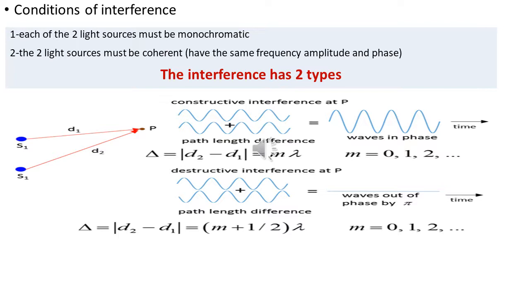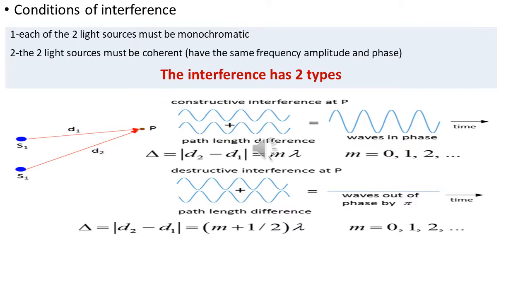Constructive interference: when the crest of the first wave meets the crest of the other wave, they reinforce the amplitude, frequency and intensity, and its rule is delta y equals m times wavelength.